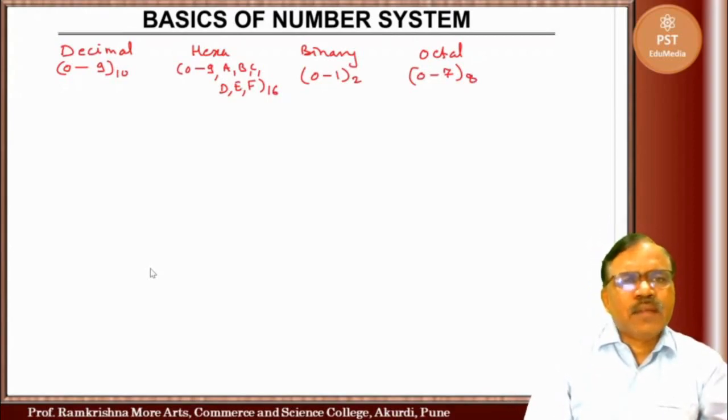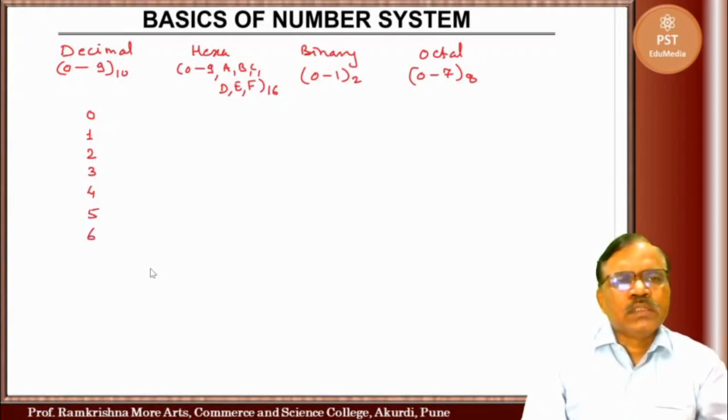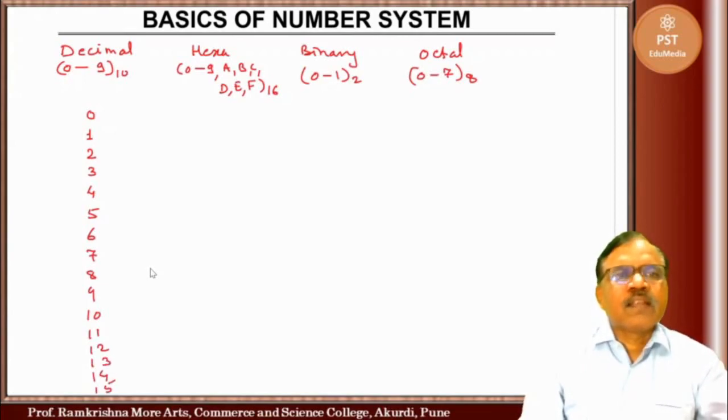Now suppose we take decimal numbers 0, 1, 2, 3, 4, 5, 6, 7, 8, 9, 10, 11, 12, 13, 14 and 15.